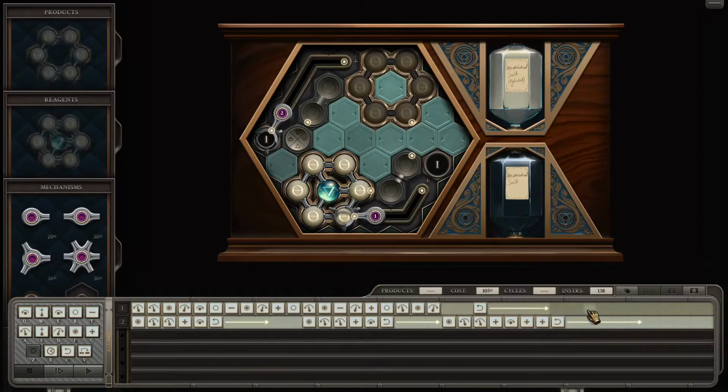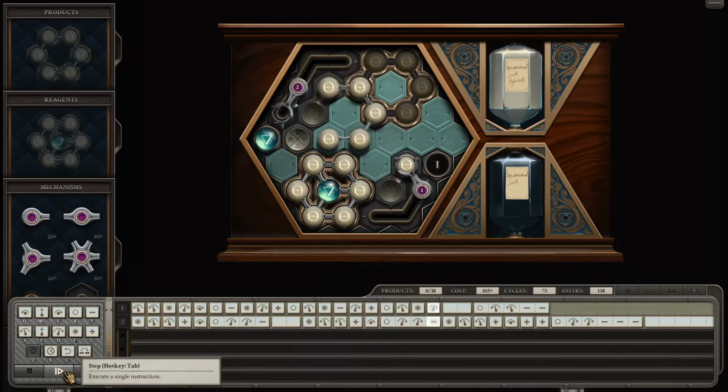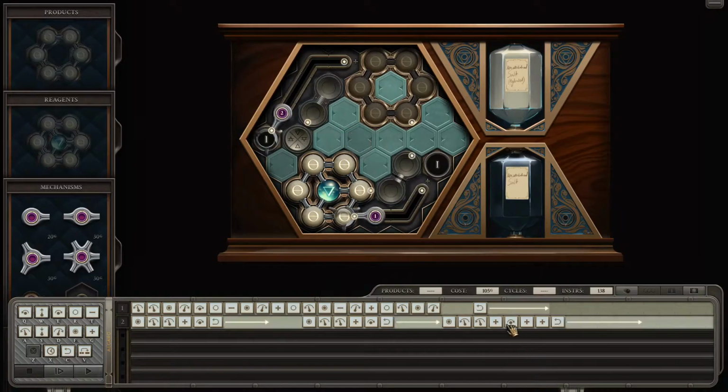Gross. Is there a reason that resets all the way out there? No. Alright, so yeah, I have to actually just copy all the instructions. Ugh.